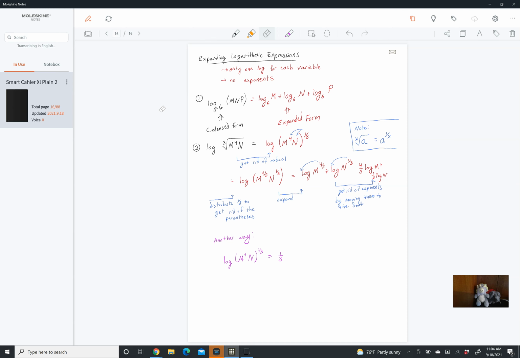If we do that, that 1/3 applies to the whole log m to the 4th n. And what that means is that when we expand it, the 1/3 applies to both of them. So you would want to put this in parentheses.